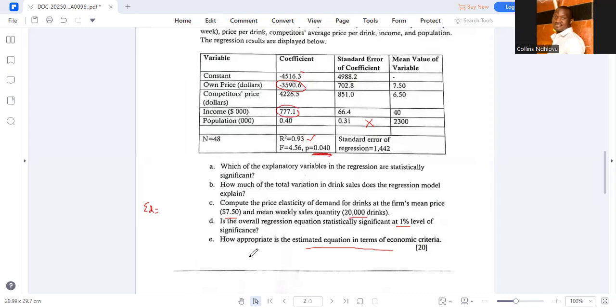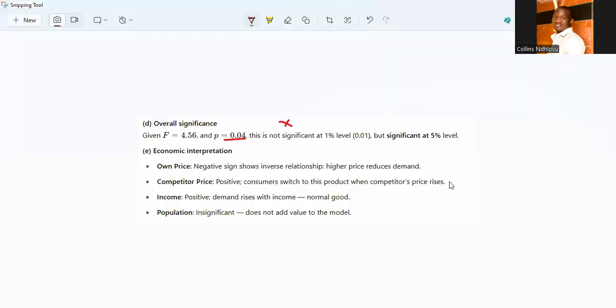All right. So for competitors' prices, if you get a positive, it means that these are substitute goods, so consumers will switch from this product when the price goes up. Then the income is positive, meaning it is a normal good, so the demand will increase as income goes up. Then population is insignificant.